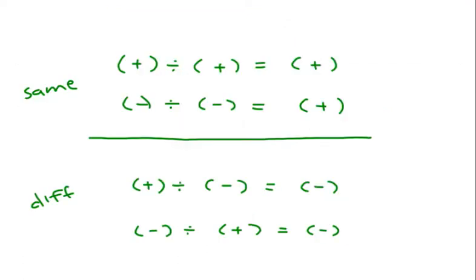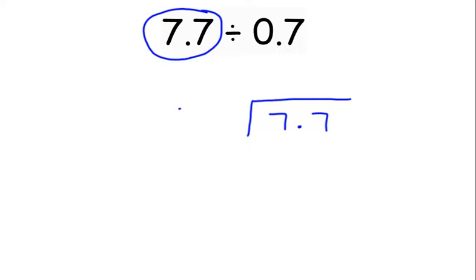So let's go ahead and try the first problem. Here I have a positive divided by a positive. Now, this first number is always the one that goes inside the division bar, okay? So I have 7.7, and on the outside I have 0.7. Now, this cannot be a decimal, so I have to move it over once, and I have to move that over once.